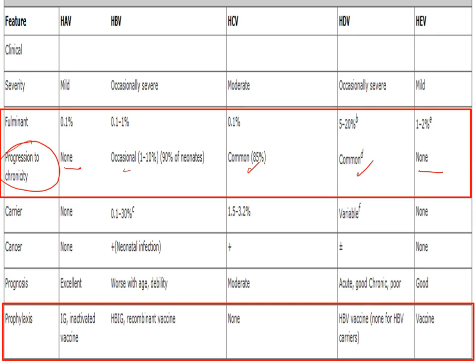Now, again, for fulminant hepatitis, when you say fulminant hepatitis, it basically means it's a severe form of hepatitis that causes hepatic encephalopathy.